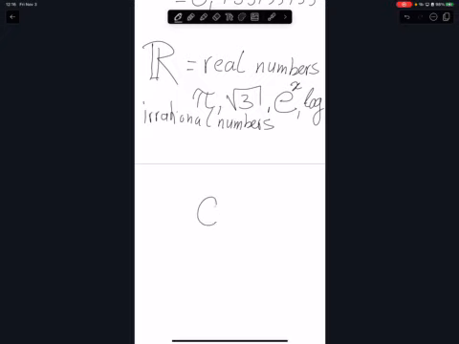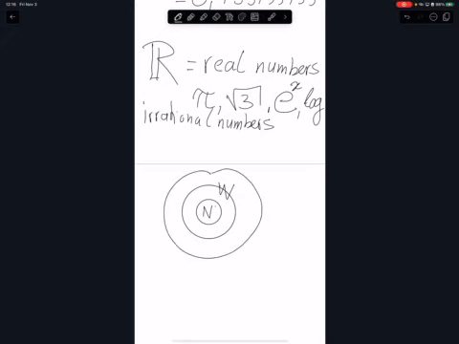So the way you look at it is you have the natural numbers. Outside of that circle, you guessed it, you have the whole numbers. So if it's in the natural numbers, it's also in the whole numbers. And then continuing, you have the integers. If you're in the natural numbers, you're also a whole number, and you're also an integer.